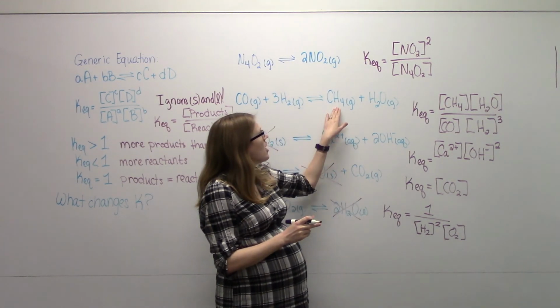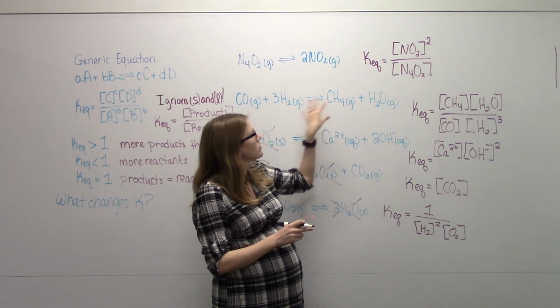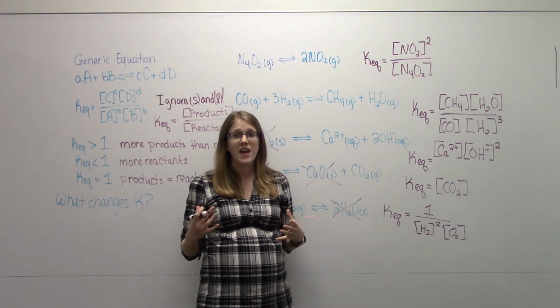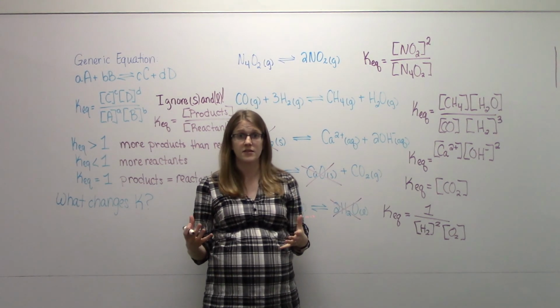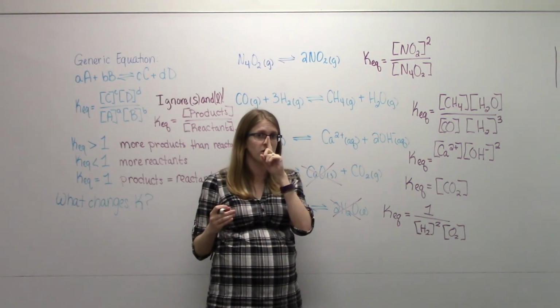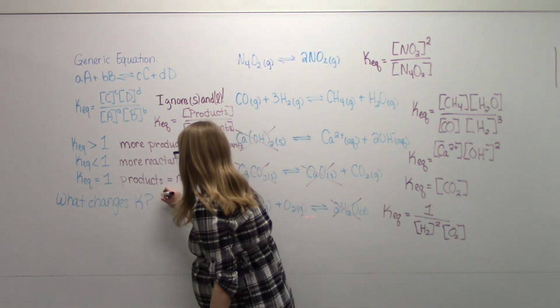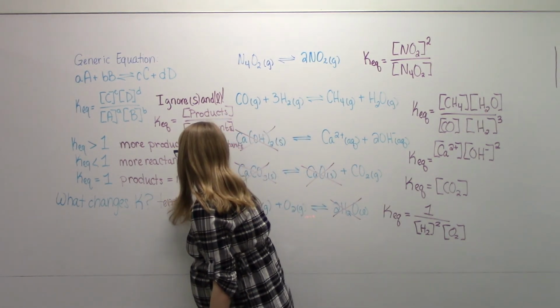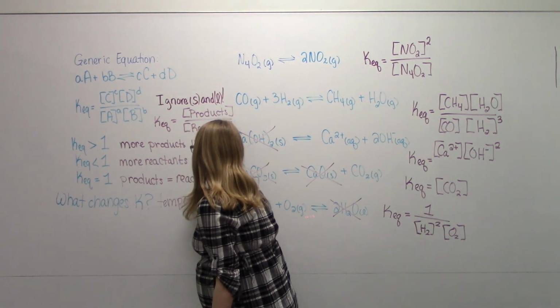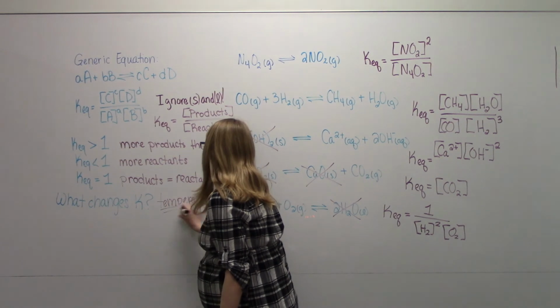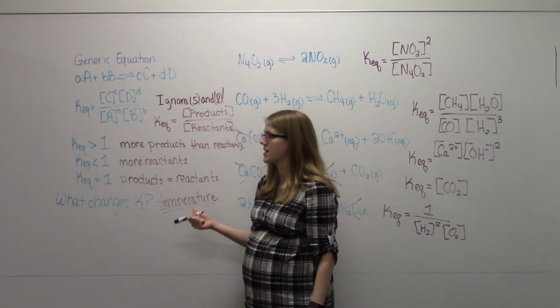I could change concentration of certain substances, I could change the pressure, I could change the temperature. K is going to stay constant unless you change one thing. That's it, just one thing. What changes K? Temperature. That is it. Everything else would still cause K to stay the same.